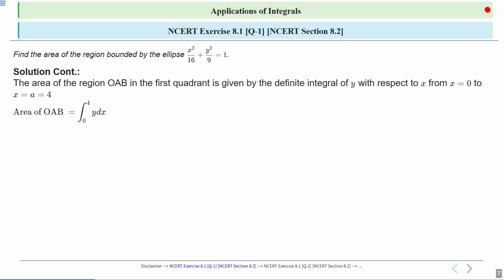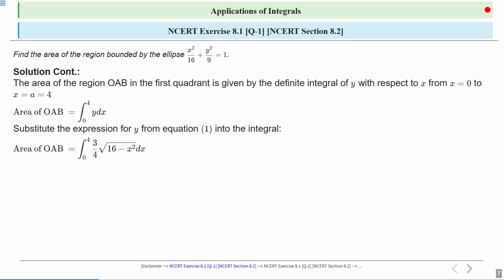Now to calculate this definite integral from 0 to 4 of y dx, at first we have to write y in terms of x, and we already calculated the value of y in terms of x. Substitute the expression for y from equation 1 into the integral, and that value is 3 by 4 root under 16 minus x square dx. So we get the definite integral from 0 to 4 of 3 by 4 root under 16 minus x square dx, and that is the area of OAB.